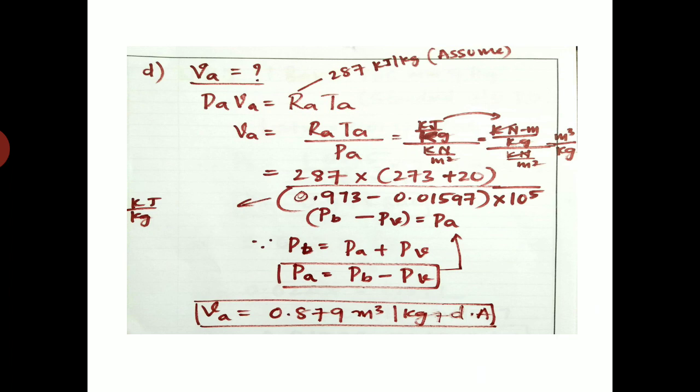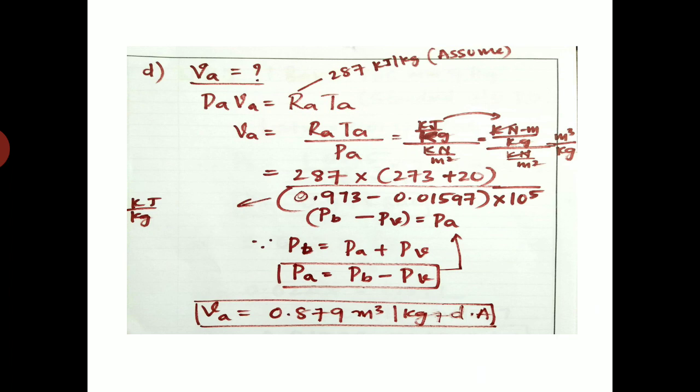Okay. That you have to convert into Newton per meter square, because specific volume should come in terms of meter cube per kg. So I have written there in front of that equation. That is R kilojoules per kg divided by pressure will be kilonewton per meter square.